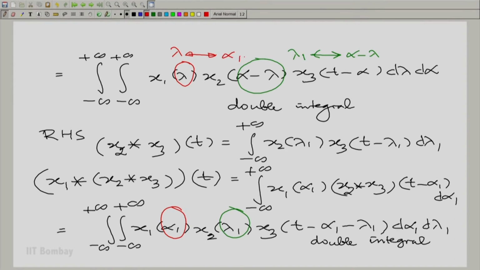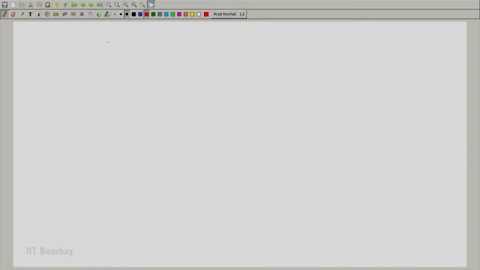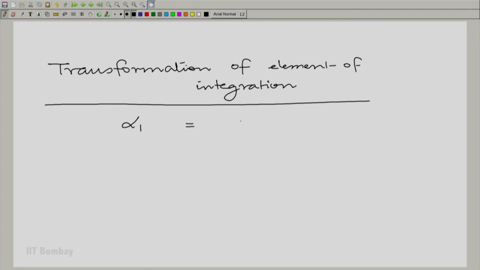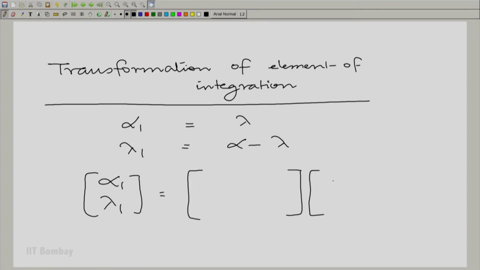So, let us put this down in matrix form, the transformation that we require. We have alpha 1 is equal to lambda, lambda 1 is equal to alpha minus lambda. Let us write that down in the form of a matrix.